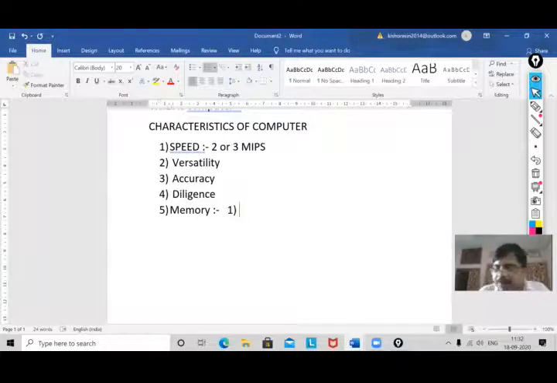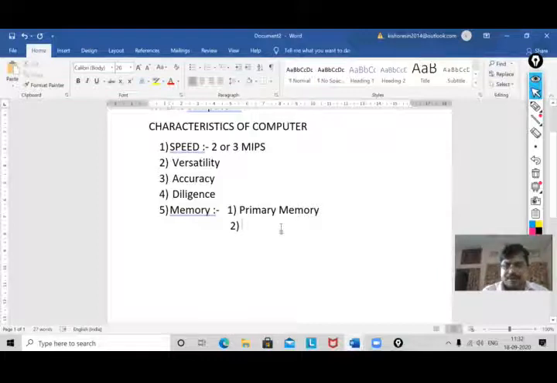So there are 2 types of memory. One is the primary memory and the other one is the secondary memory.